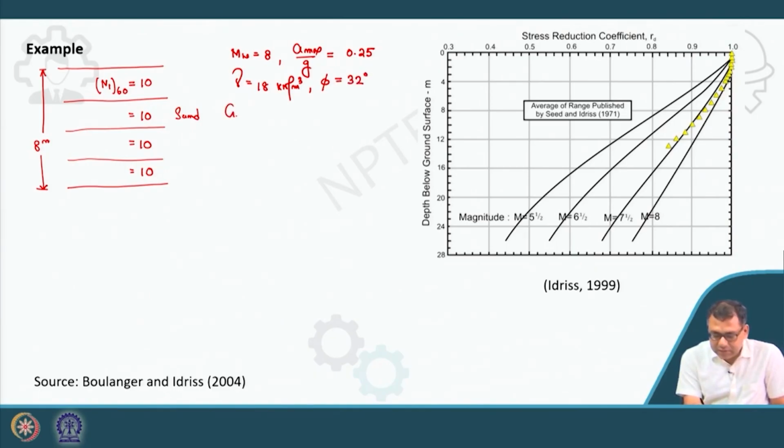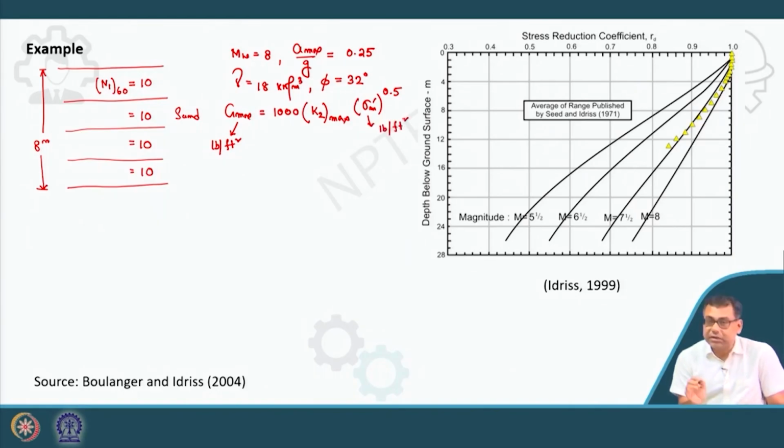So I will calculate the Gmax by using the expression that is given here, K2 max into sigma m dash to the power 0.5. The unit is pound per feet square, and this is also pound per feet square, because it is an empirical expression. The unit is very important.